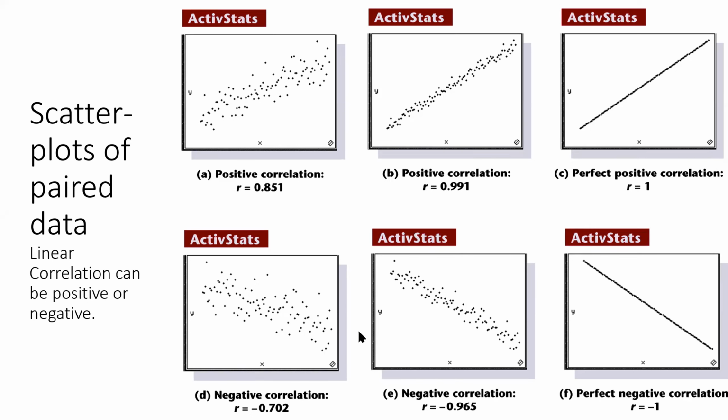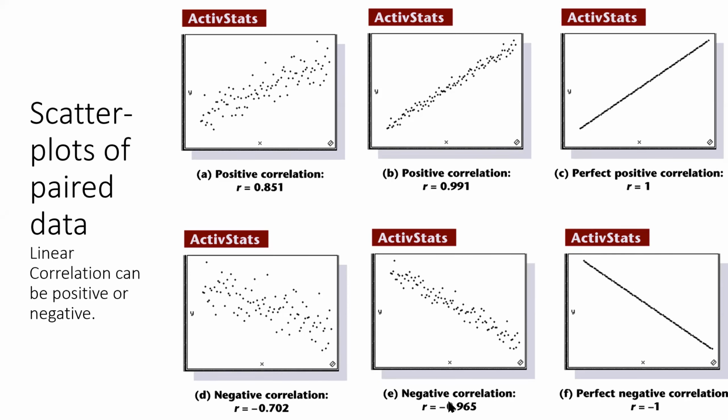On the bottom row, we have negative correlation. So we can see that as the x value is increasing, the y value is decreasing, therefore the data group around a straight line that goes down. The slope of the line is negative. So the first slide has a correlation coefficient of negative 0.702.